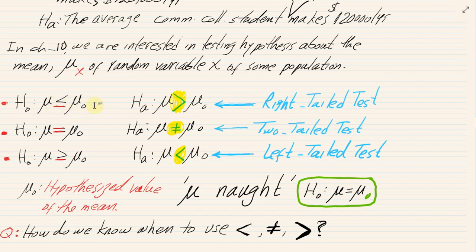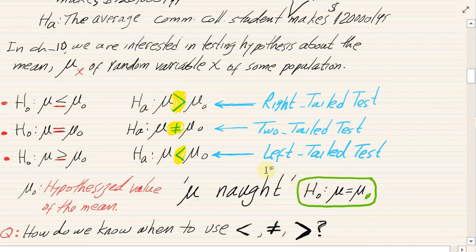But if I cannot show that it's equal to a hypothesized value with my first claim, because my position is that it exceeds, so if I cannot show that it exceeds, then equal prevails, let alone less than. So that's the thought process behind the justification for letting the null always be mu equal to a hypothesized mean.